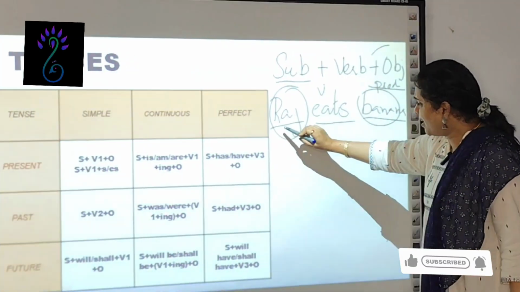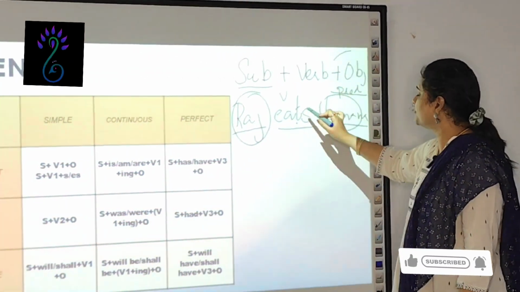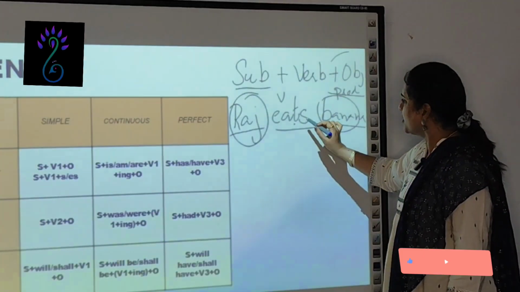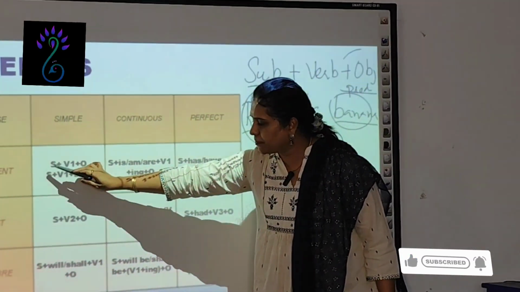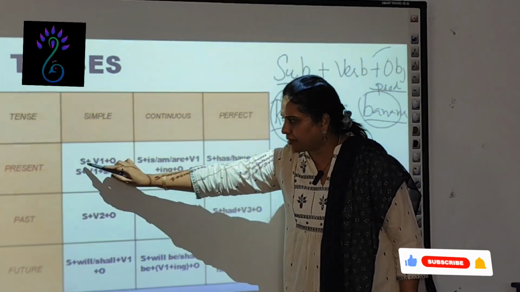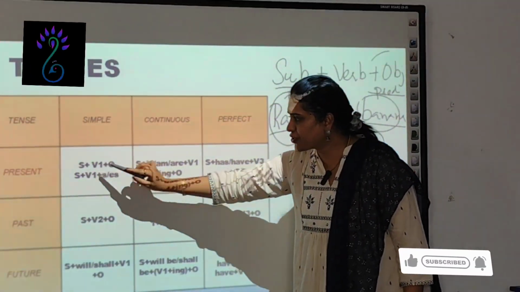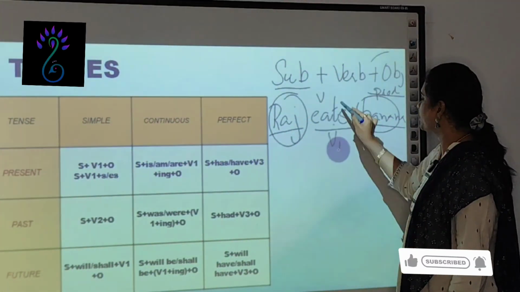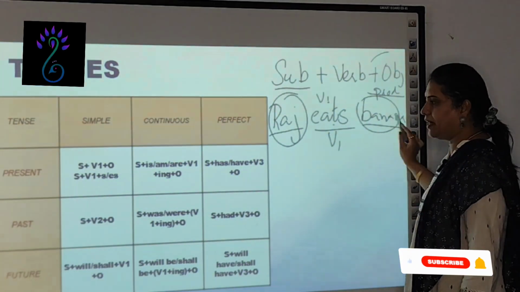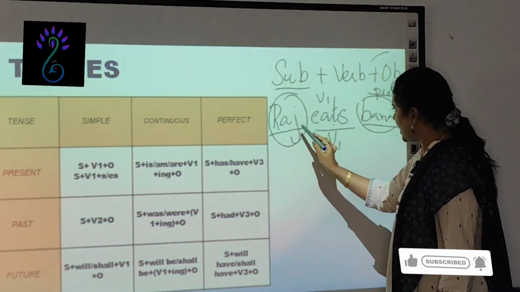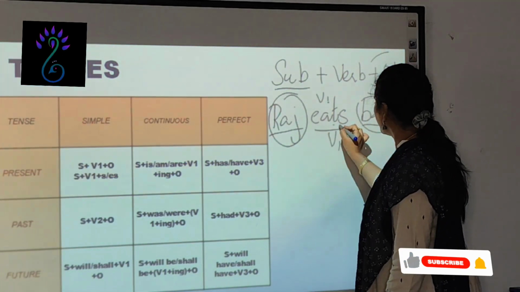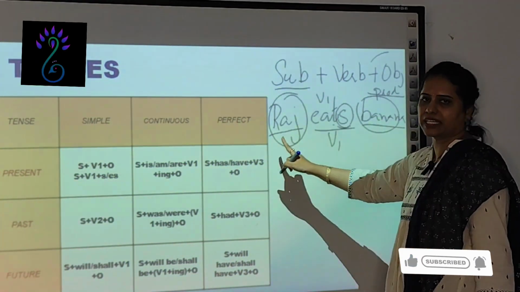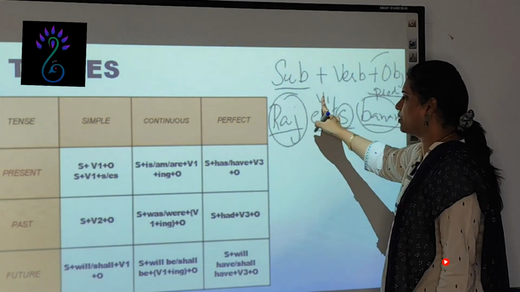So, Raj eats banana. This is simple present tense. Look at this. A simple present tense has subject, verb in V1 form, and object. For singular, you should add S to the verb.